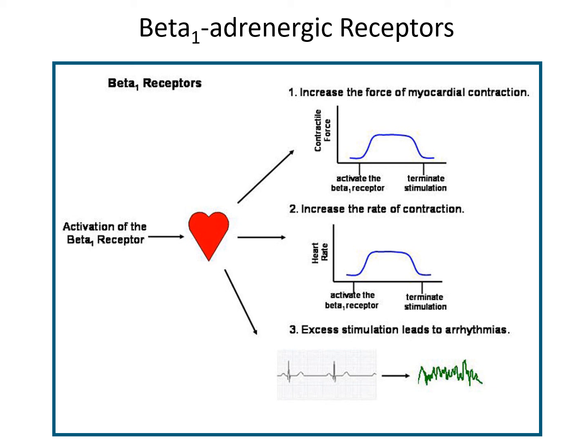I-N-O-T-R-O-P-I-C. When the beta-1 receptors are stimulated by adrenergic drugs, they also produce increased heart rate. And that is referred to as a positive chronotropic effect. And I'll spell the word chronotropic for you.